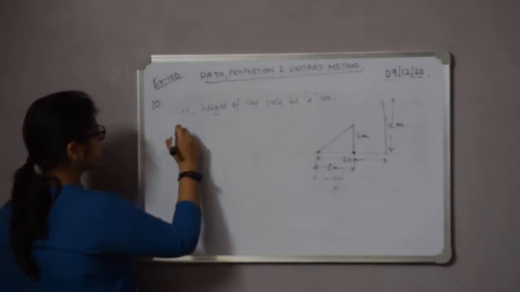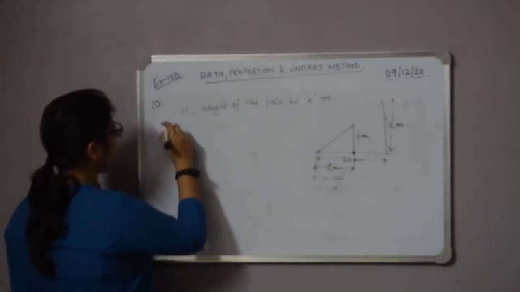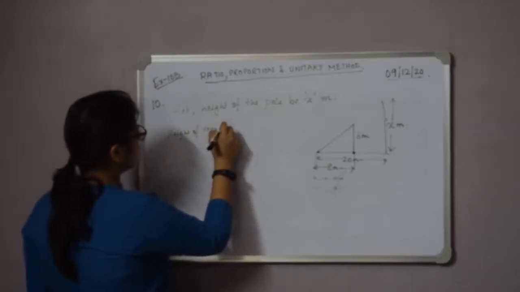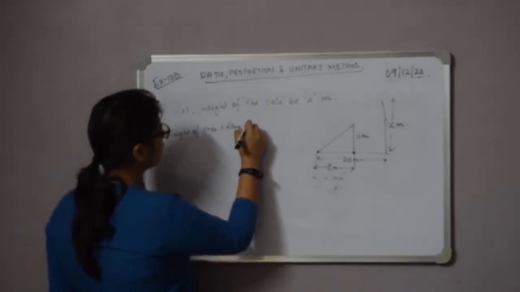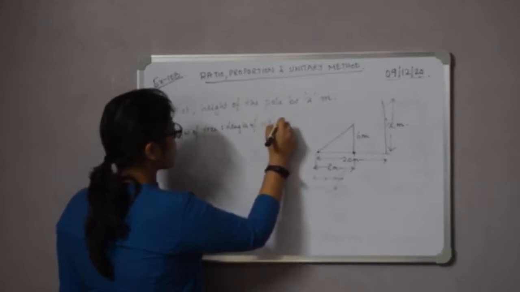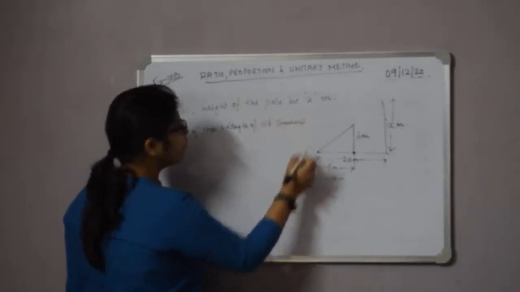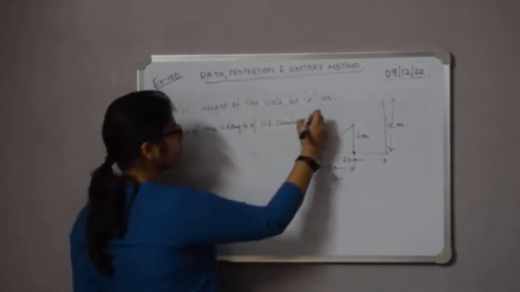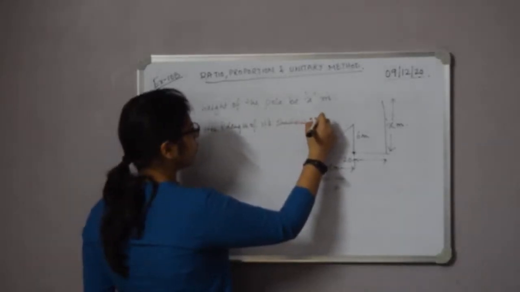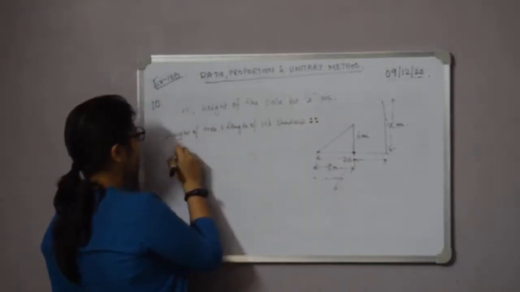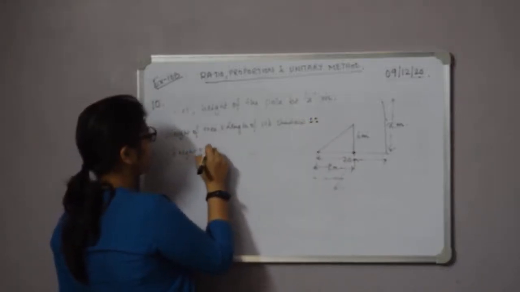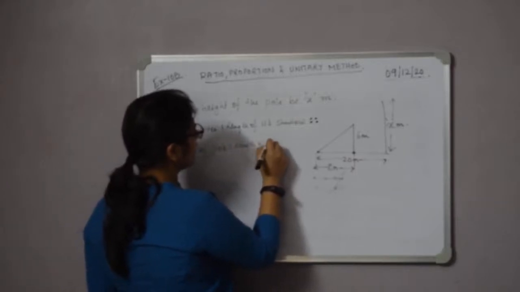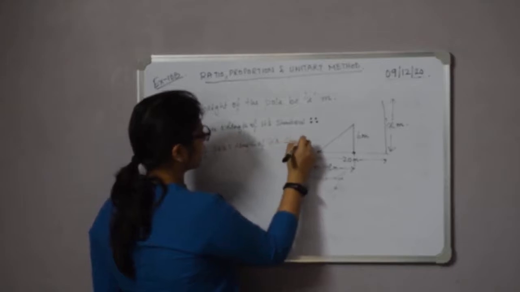So length of tree, or you can say height of tree, with length of its shadow, this whole thing will be proportionate to height of the pole, proportionate sign, and then we have height of pole is to length of its shadow.